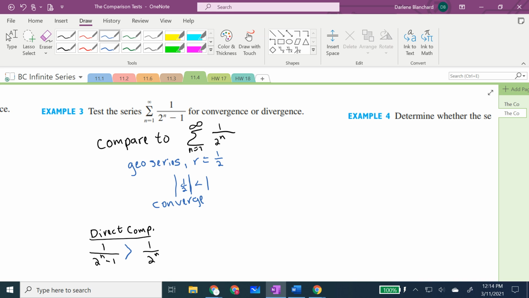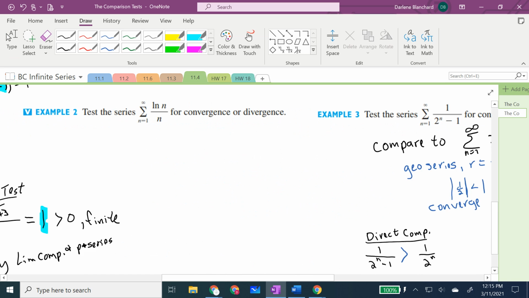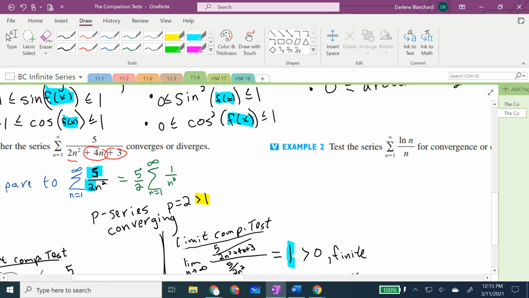It's not. So this is showing you an example of, you can't always use the direct comparison test because the inequality doesn't always go in your favor, even when it's obvious that they compare. And let me come back over to the example we had before.